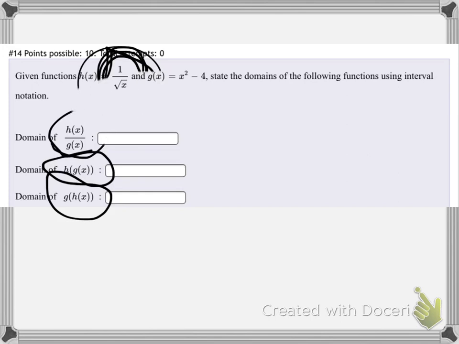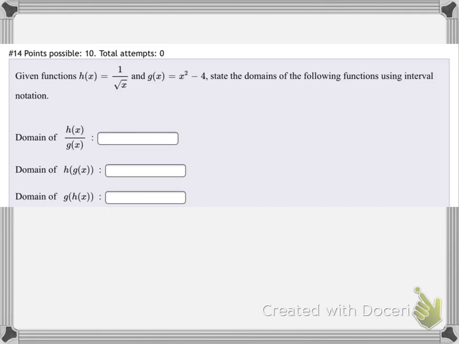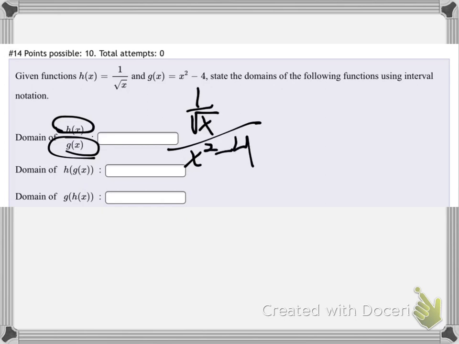Okay. We'll try this on a couple of these things. And so if we had h of x over g of x, that's the h function on top of the g function, that would look like h of x is 1 over radical x on top of g function, which is x squared minus 4. That's what h over g looks like.